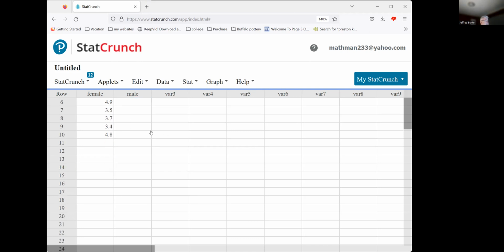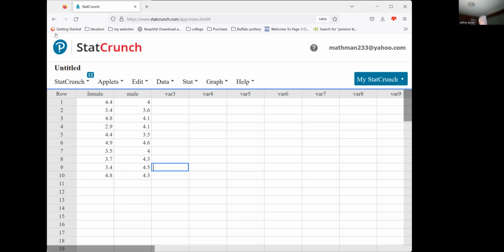Put the female data in, then put the male part in: 4, 2, 3, 6, 4, 5, 4, 5, 3, 5, 4, 5, 6, 0, 4, 5, 3, 4, 5, 5. Notice when I put 4.0, it just changes it automatically.